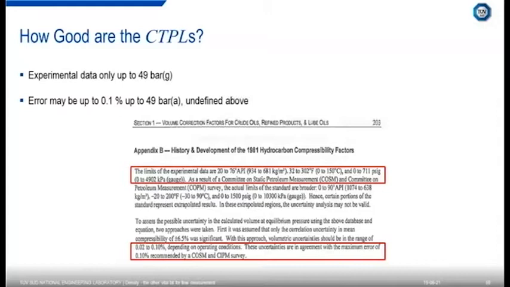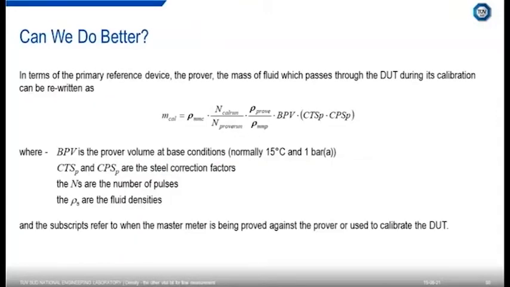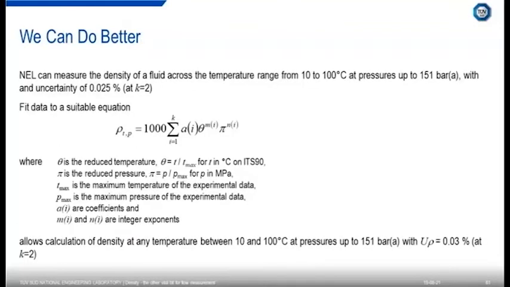And so what do we do beyond those conditions? Can we do better? Well, if we rewrite the equation relating the base prover volume to the mass passing through the device under test just in terms of densities, we end up with this equation. So if we can find a better density equation, then we may be able to do better. And we can.